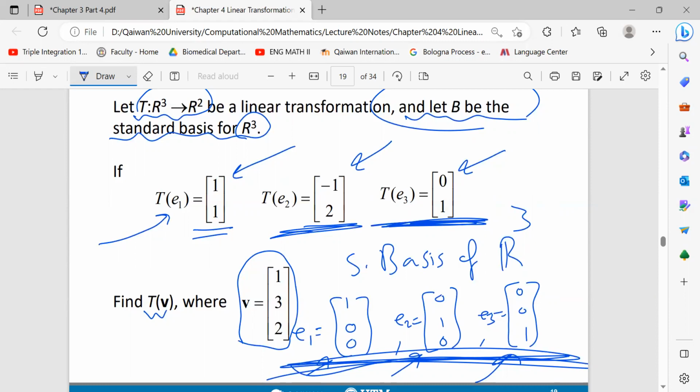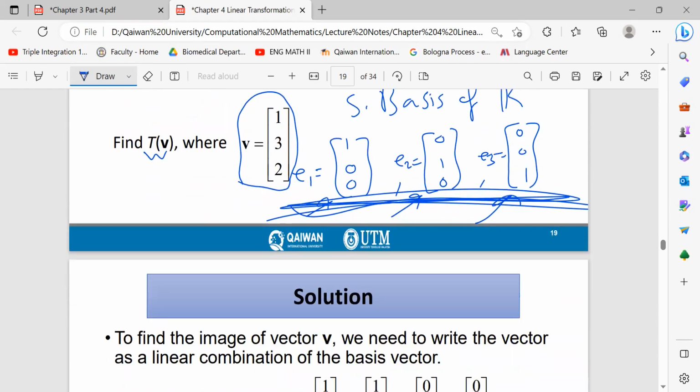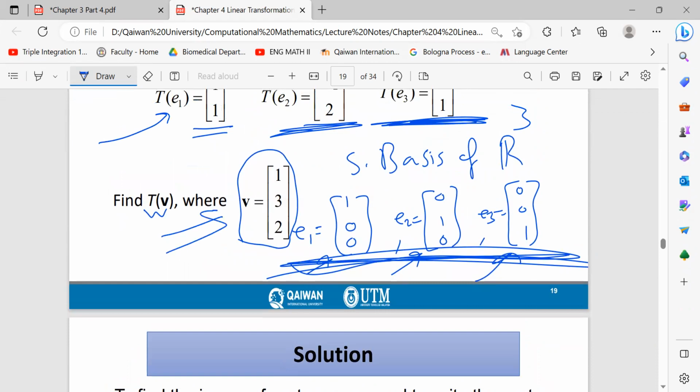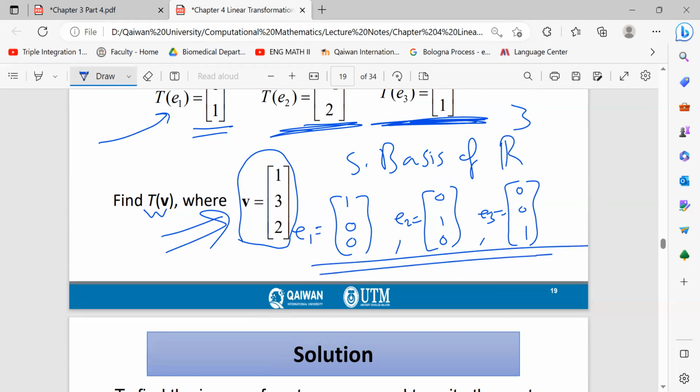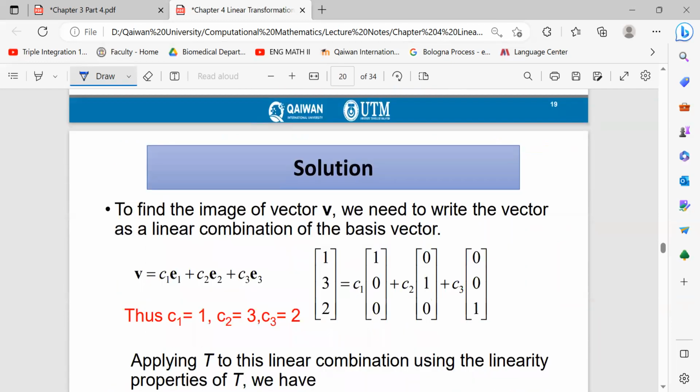And here you have the bases. It says they are the standard bases. So we need to write down this vector as a linear combination of E1, E2, E3. We say C1 E1 plus C2 E2 plus C3 E3. That's it.